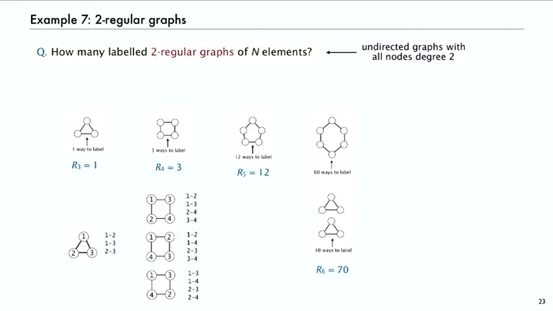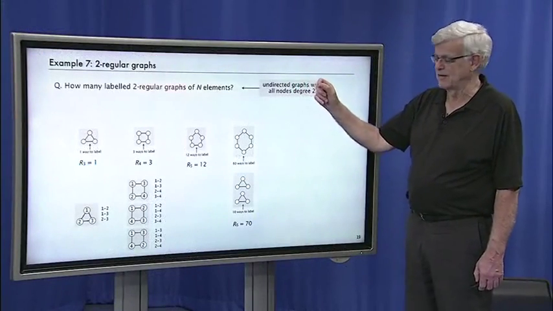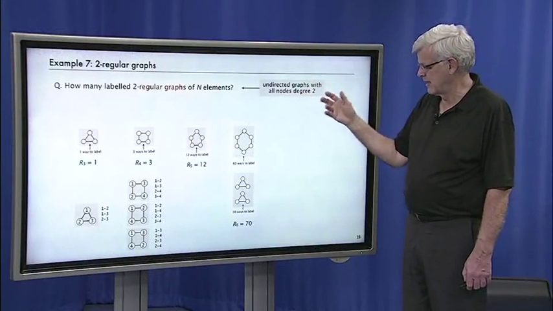For 6 now, you could have the 6-node graph, and again, 60 ways to label that, or you could have 2 3-node graphs, and that would work fine. So there's actually 70 different 6-node graphs. That's with sets of 1, 2, 3, 4, 5, 6 edges where every node has degree 2.